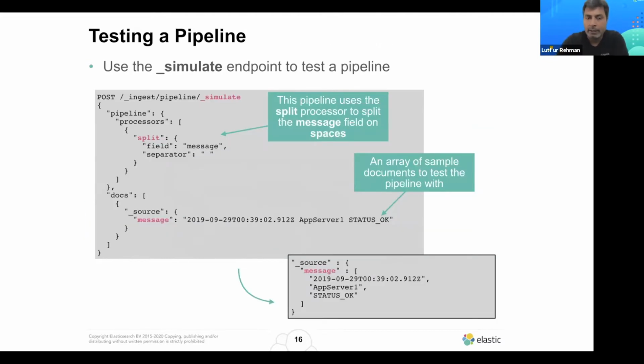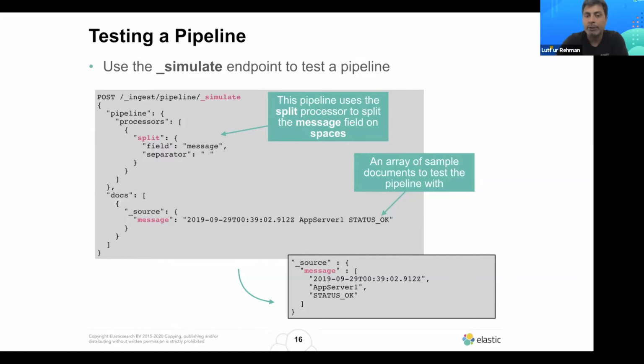Now, it's always recommended to test your pipeline before you actually implement it. How you can test that pipeline is by using the simulate endpoint. With the simulate endpoint, your pipeline is still the same, the one we have seen in the last slide, which is a split processor.